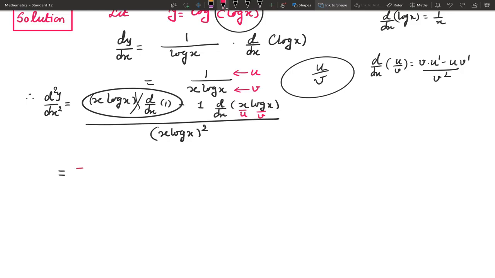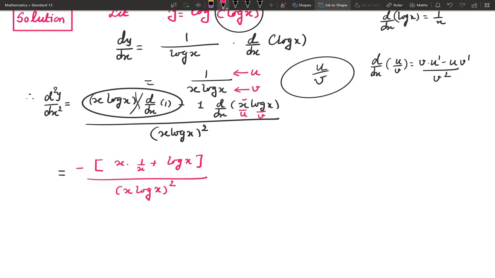Now into bracket we have to apply product rule: u into derivative of v, log x, 1 upon x, plus v into derivative of u, derivative of x with respect to x, 1, upon x log x.